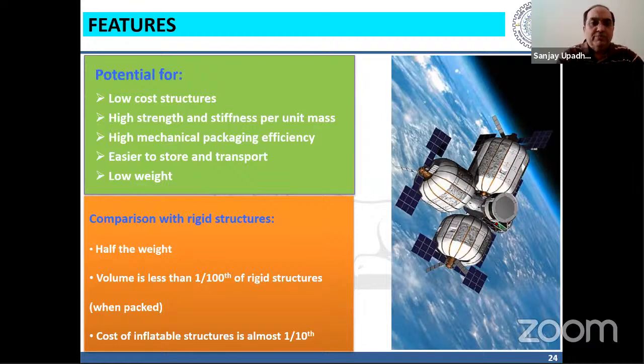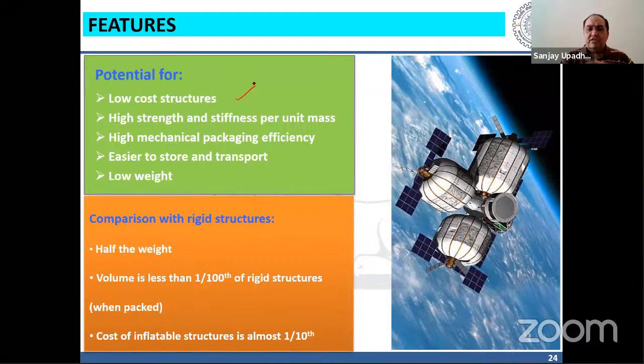The main potential is low cost, because on the ground station it is in compact form, so not much large space is required. Even if you want to utilize a large reflector or a large antenna, with the help of space inflatables you can easily utilize any size of space antenna.